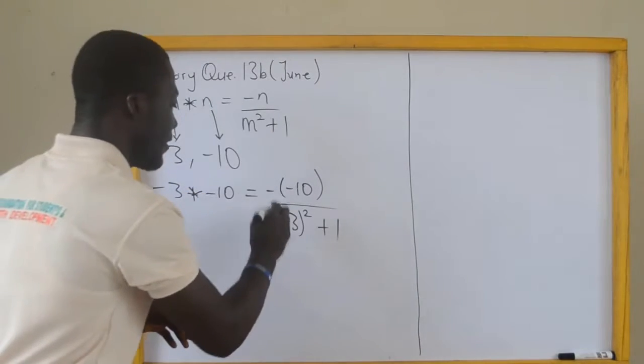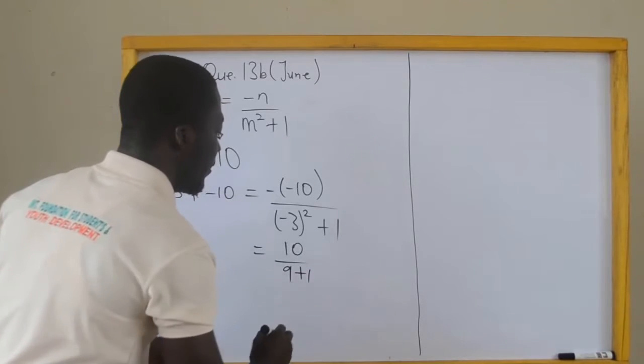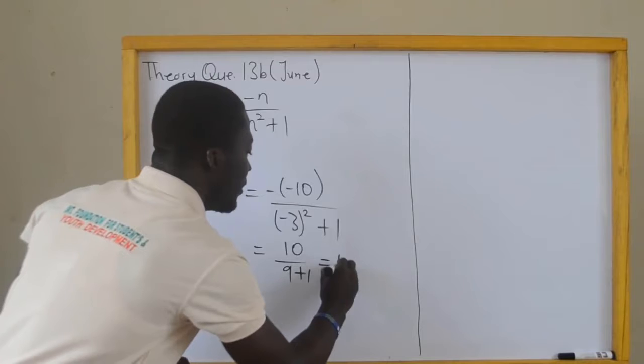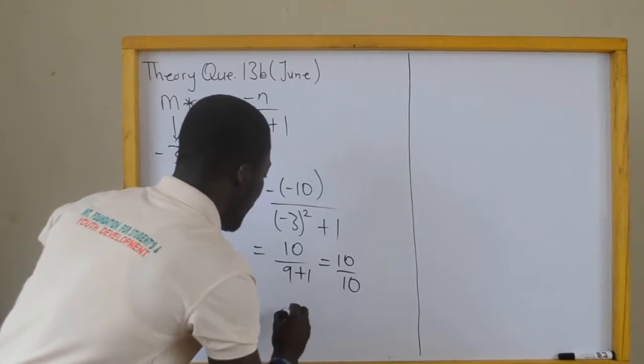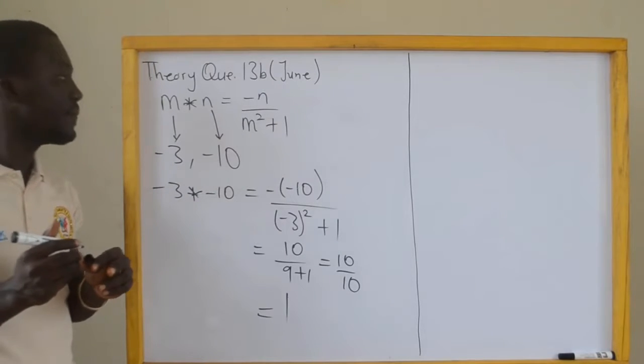We are going to get 10 over 9 plus 1, which gives 10 over 10. So at the end, 10 over 10 gives us 1.